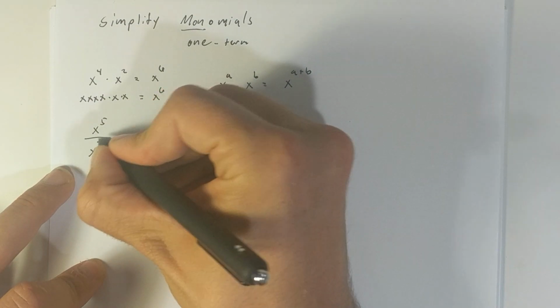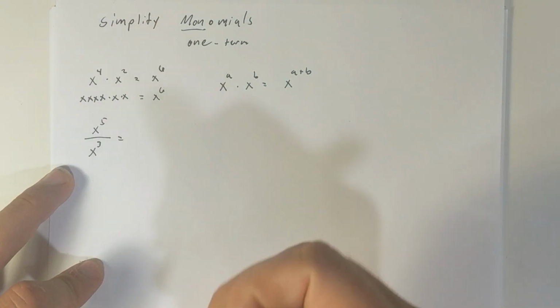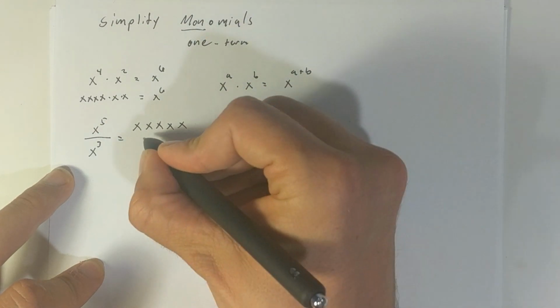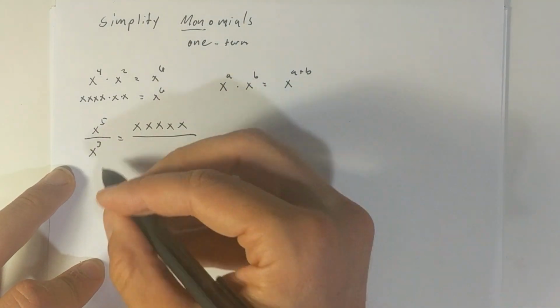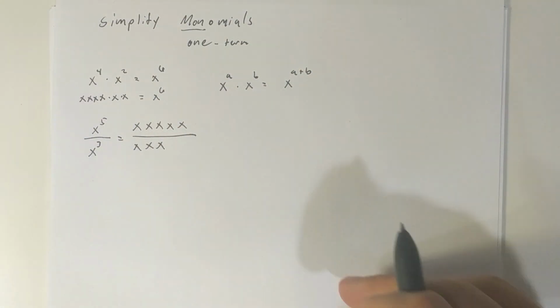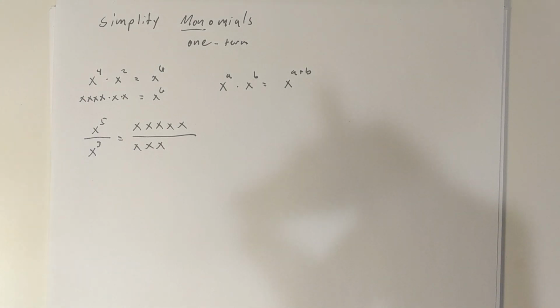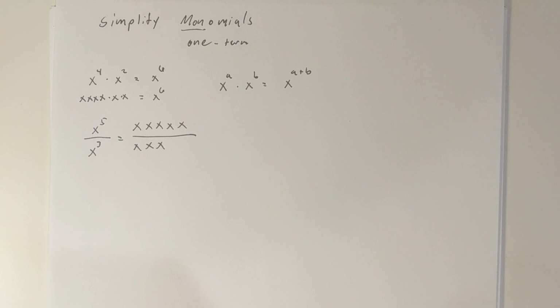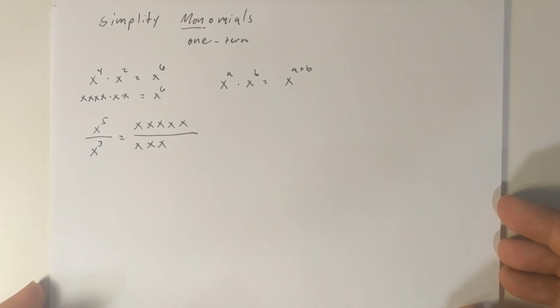X to the fifth over x cubed. Well, let's just write that out. X to the fifth is 1, 2, 3, 4, 5, 5 x's. X cubed is 1, 2, 3. Now, since everything is multiplied and divided, we can rearrange this any way we want, and the meaning of the expression doesn't change.